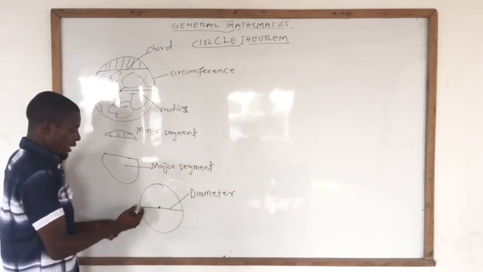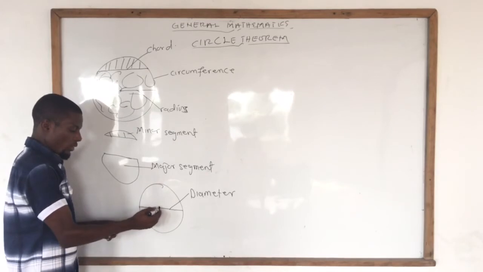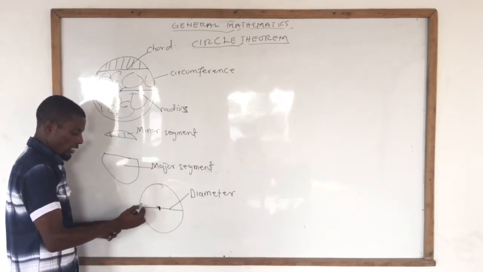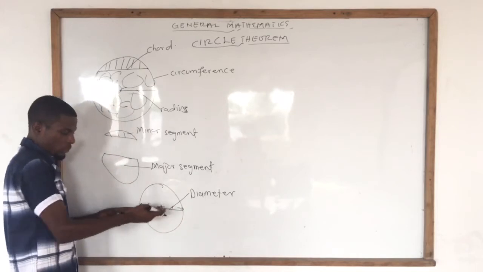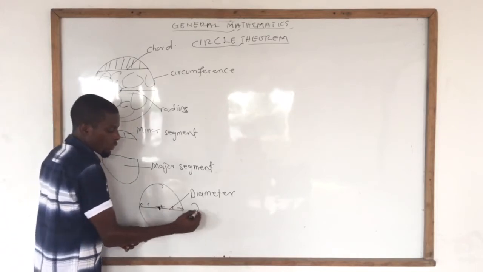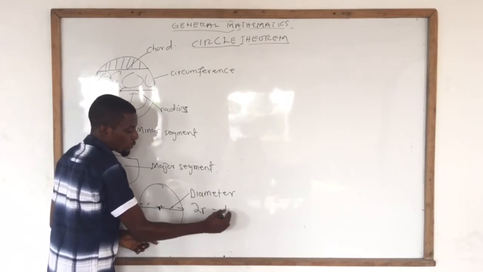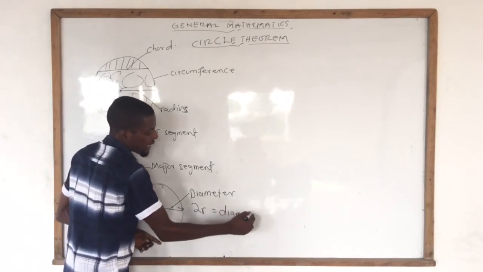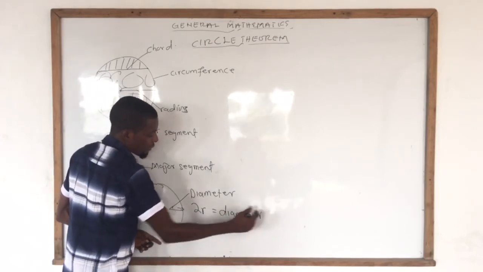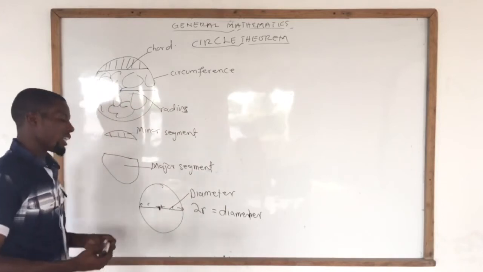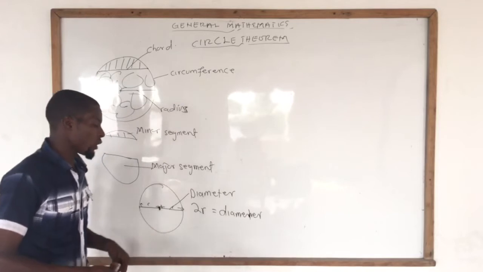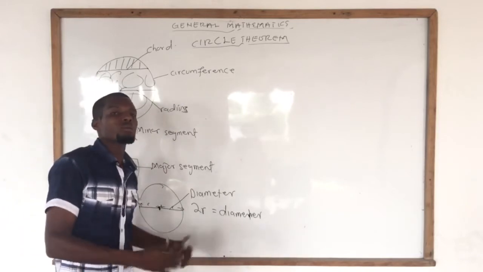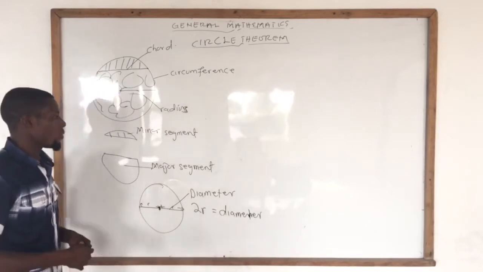From here to here is a radius, and from this side to this side is also a radius, because it's from the center to the circumference. So when you multiply the radius by 2, you get the diameter, and when you have a diameter and divide it by 2, you get the radius, okay?